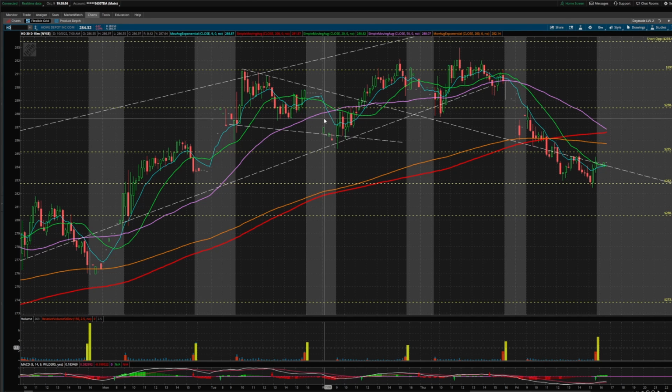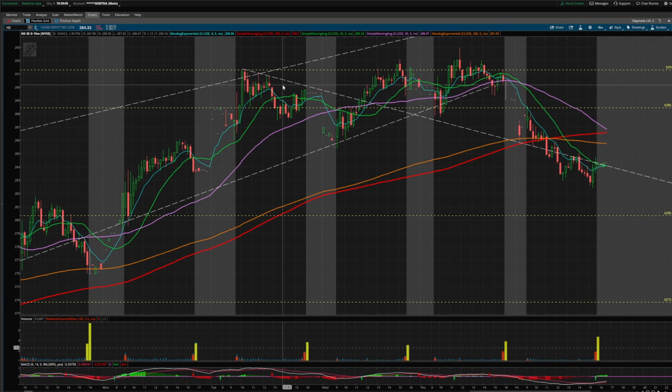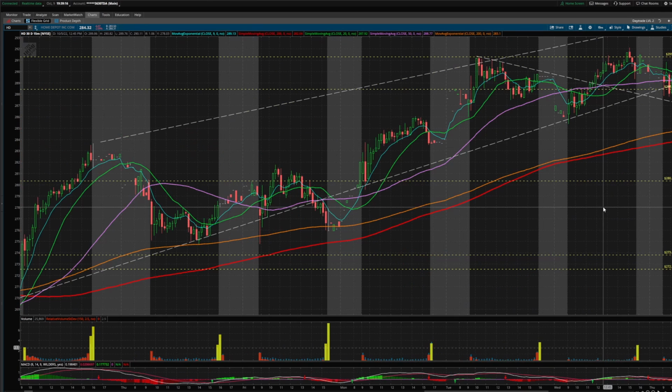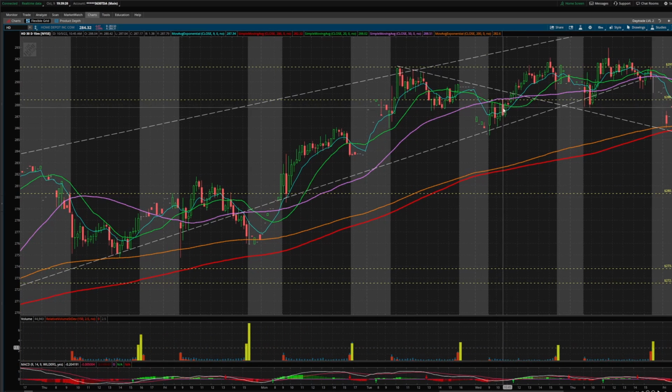All right, this one was not an A plus either, because it was seemingly in no man's land at the time that I grabbed it. But Home Depot is a very strong name. And like I said, on Wednesday, we had that move down in the market and then a nice reversal higher, which ended up just cranking higher.